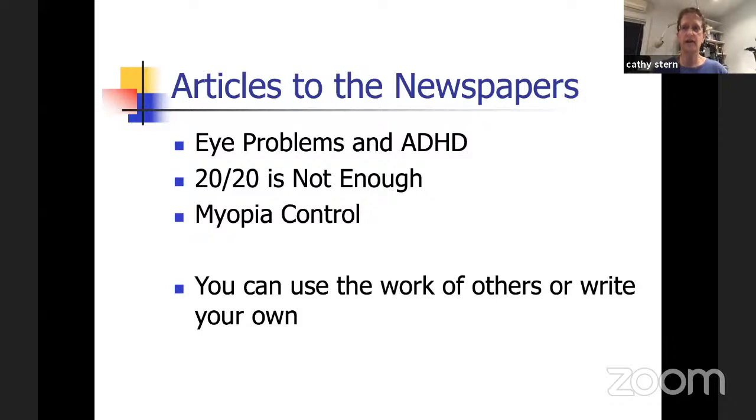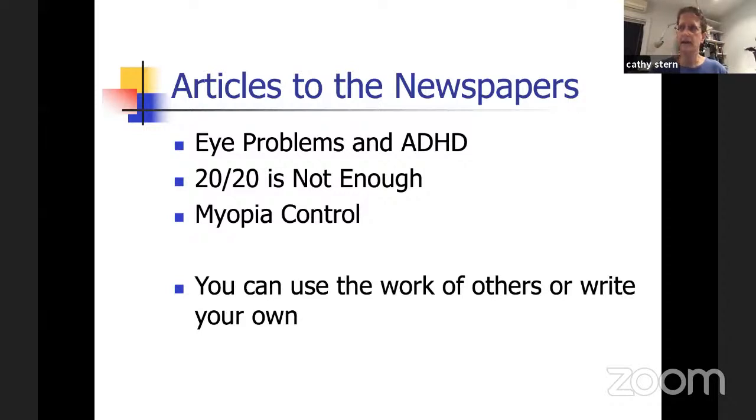Maybe you want to say children should get their eyes examined before they go back to school. Maybe you want to talk about eye or vision problems and attention deficit disorder. Maybe you just want to have one that says 20/20 is not enough, or 6/6 is not enough. Maybe you want to talk about myopia control.